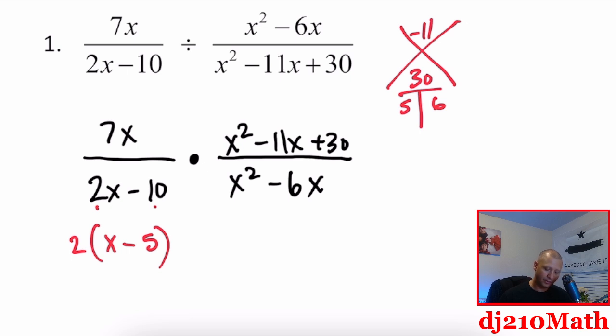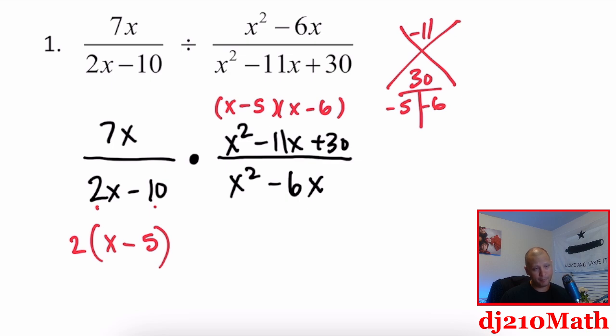However, can I make an 11? I can. Both of these have to be negative, because negative times negative is positive, and negative 5 plus negative 6 is negative 11. So up here, top right, we have x minus 5, x minus 6.